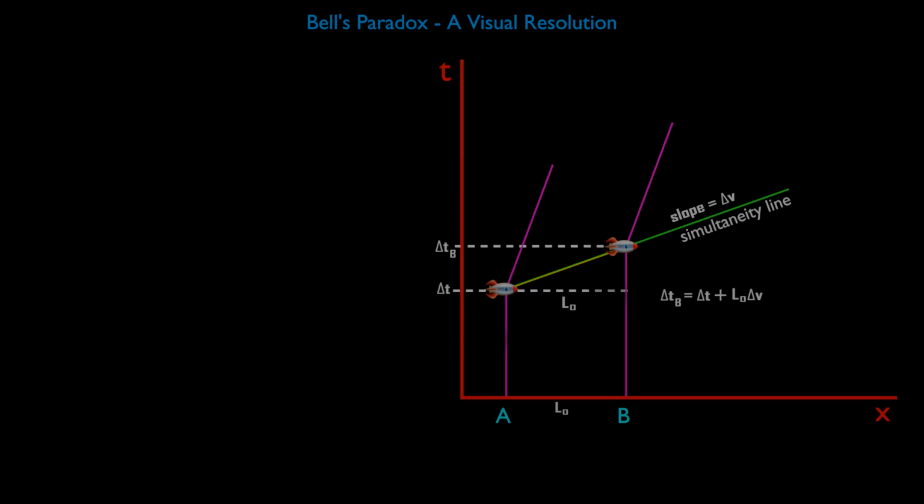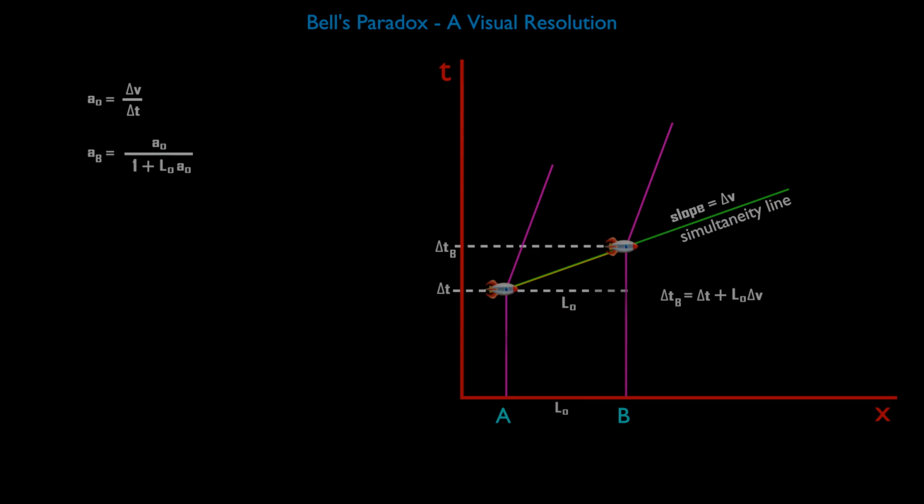Now rocket A's rest frame acceleration is delta v over delta t, which we will call A0. Rocket B's rest frame acceleration is delta v over delta tb. Substituting in our expression for tb and dividing numerator and denominator by delta t, we see that rocket B's rest frame acceleration is A0 over 1 plus L0 A0.